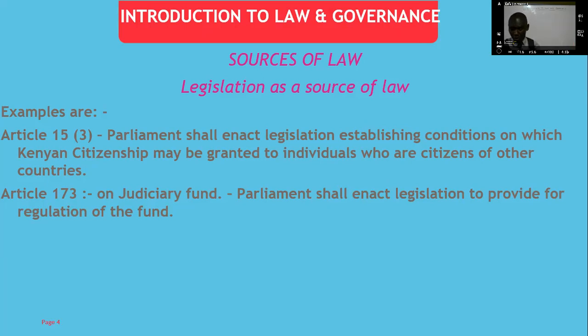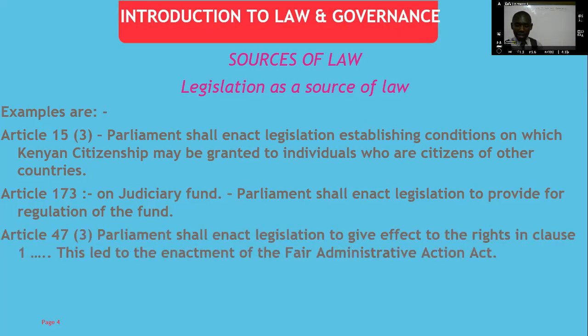So these are some of the ways in which Parliament derives its power to make laws. Article 47(3): the Parliament shall enact legislation to give effect to the rights in clause 1. So these are rights that are prescribed in the Fair Administrative Action Act.